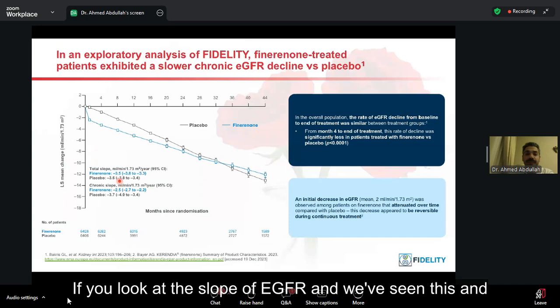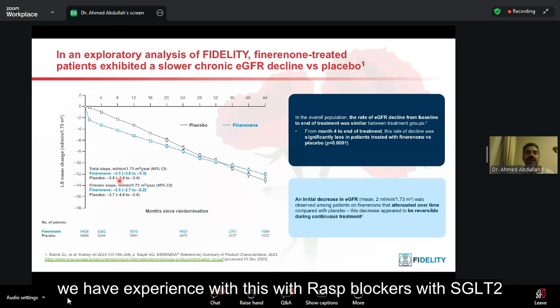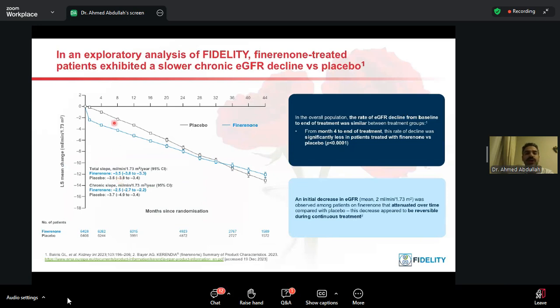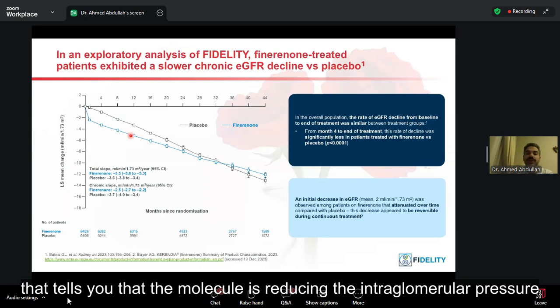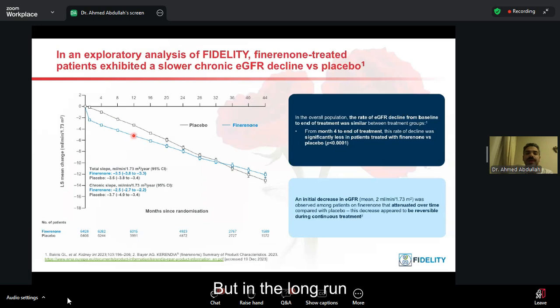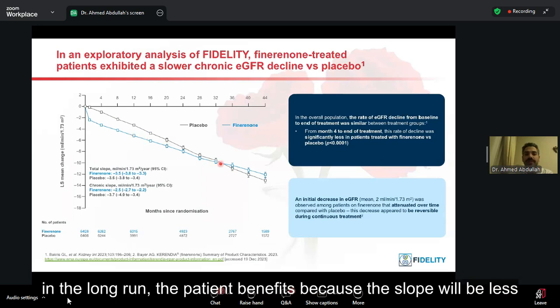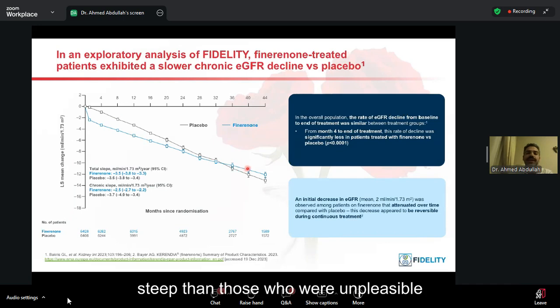And if you look at the slope of eGFR, and we have experience with this with RAS blockers, with SGLT2, you actually want to see a drop in the beginning, because that tells you that the molecule is working. That tells you that the molecule is reducing the intraglomerular pressure. But in the long run, the patient benefits because the slope will be less steep than those who are on placebo.